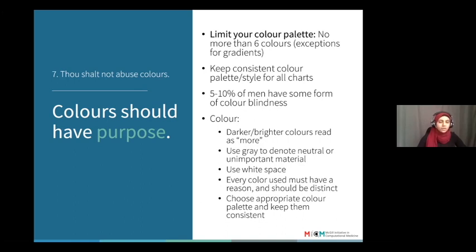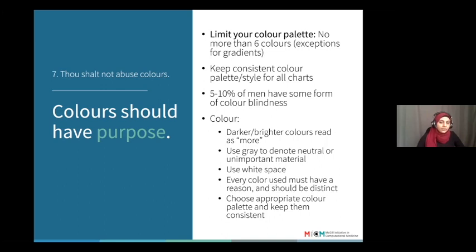In general, darker or brighter colors read as more, so you want to make sure there's that logical connection. Let's say you're doing a grayscale heat map from white to black as a gradient. Intuitively, most will see the bolder or darker color as more. Either way, you need to specify it, but you want to make sure that whatever representation you're using is intuitive.